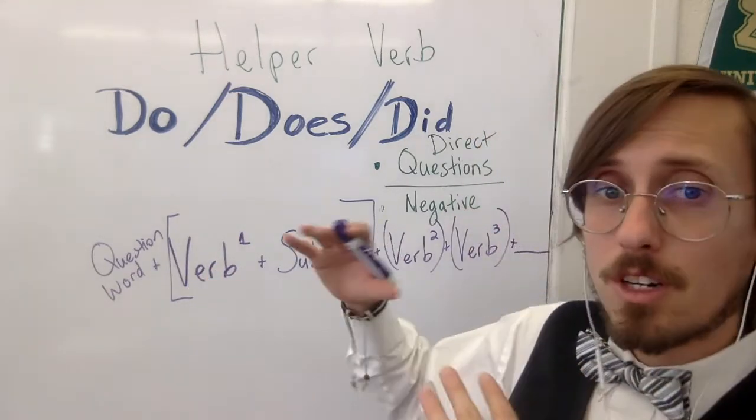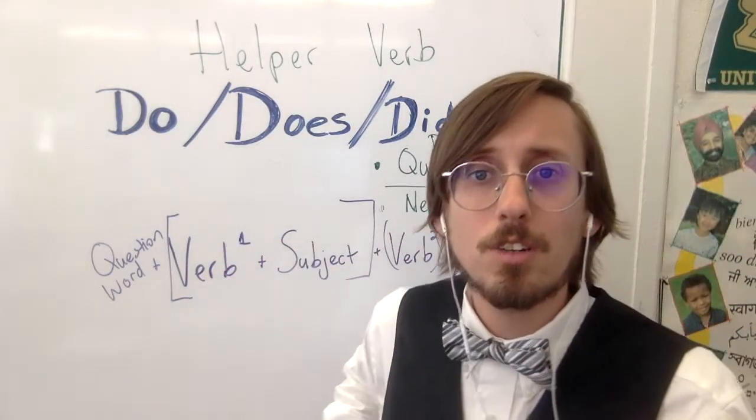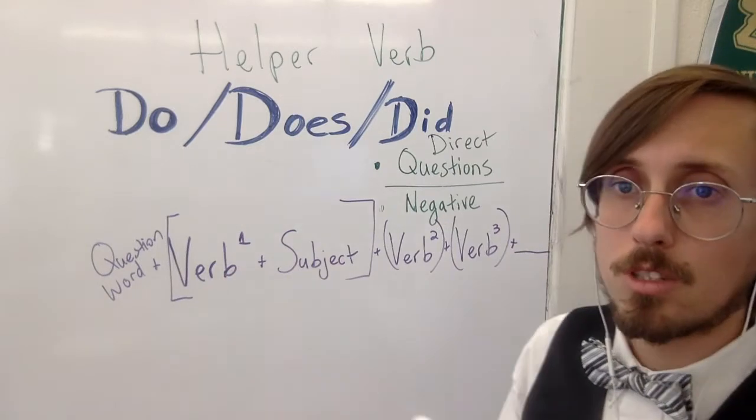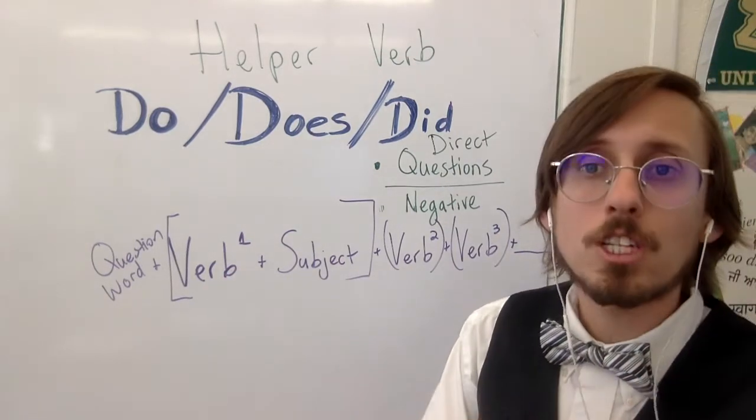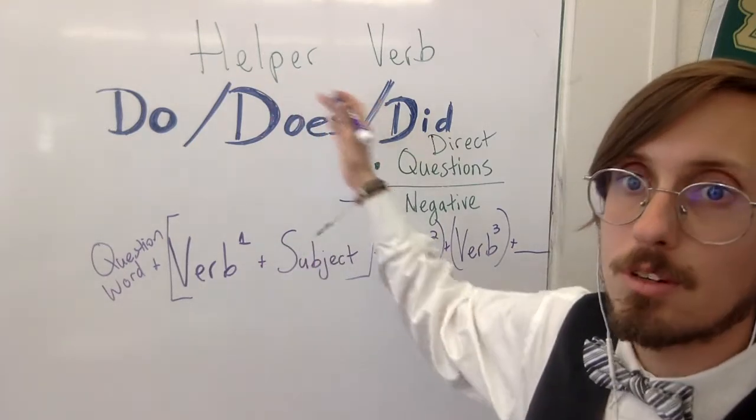But there is a list of verbs that can, but it's a short list. There's a short list of verbs that can go before the subject, and if you're interested in those, they're called auxiliary verbs, modal verbs, or again, helper verbs.